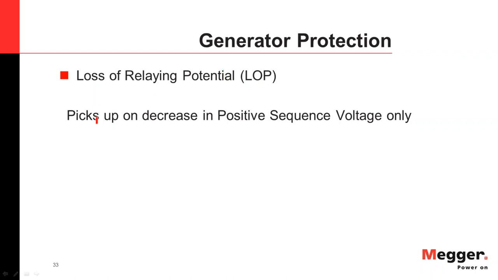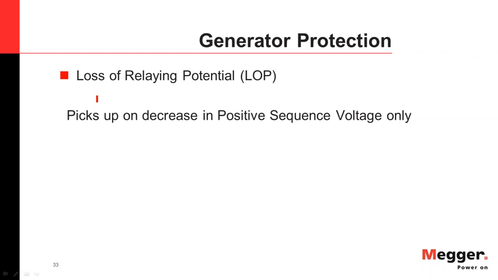Many relay manufacturers employ a loss of relaying potential function, and I can derive the logic for that with the positive sequence voltage only. When I have a decrease in my positive sequence voltage, I can declare a loss of relaying potential. You must be asking, why not a decrease in phase voltage? As I said, loss of relaying potential is clearly to detect blown fuses or any open circuit in the PT secondary.